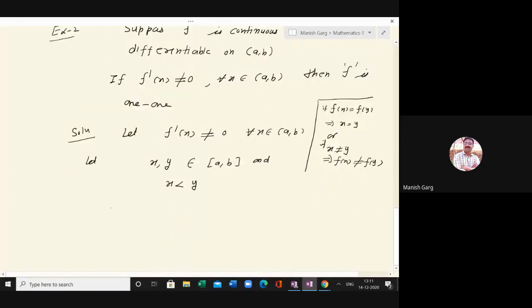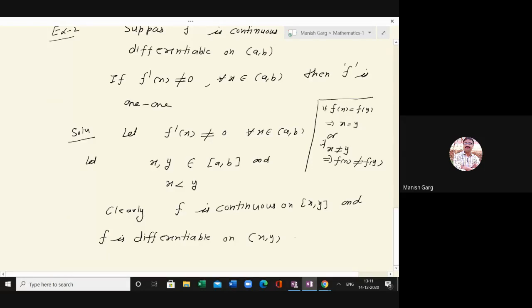Now clearly f is continuous on the closed interval [x, y] because x and y are elements of [a, b] and f is continuous on [a, b], and f is differentiable on the open interval (x, y).